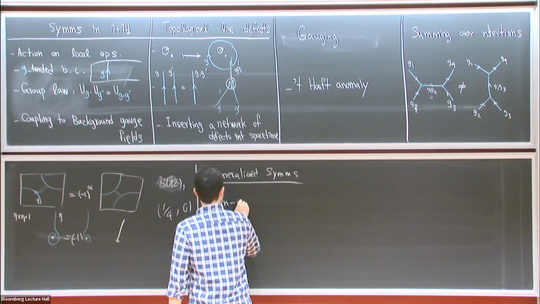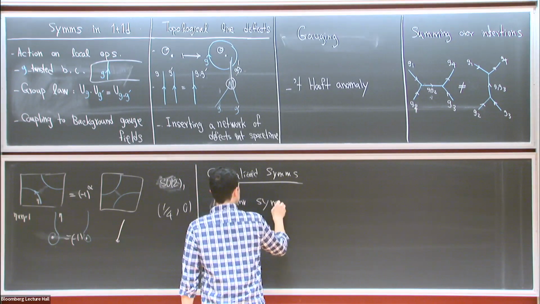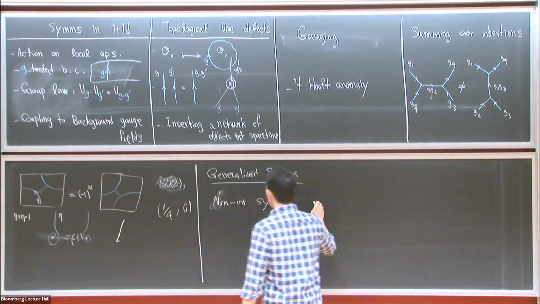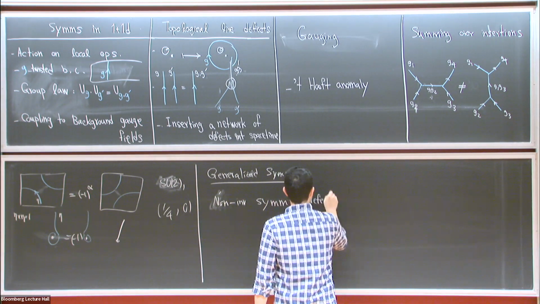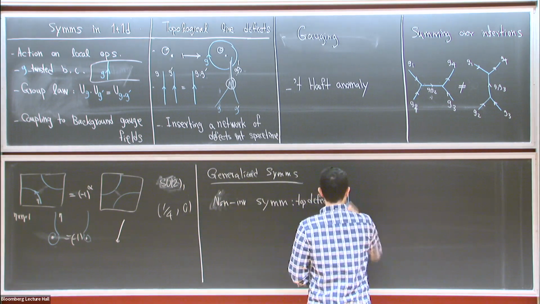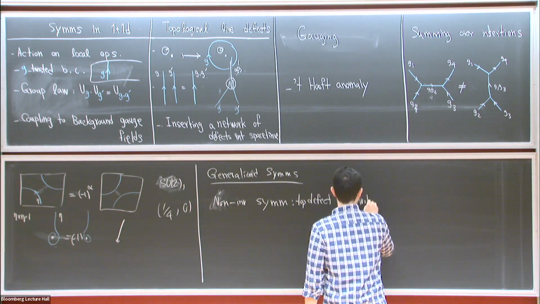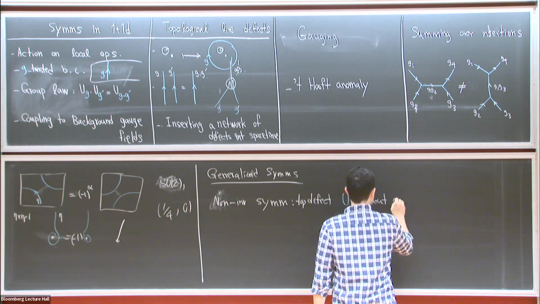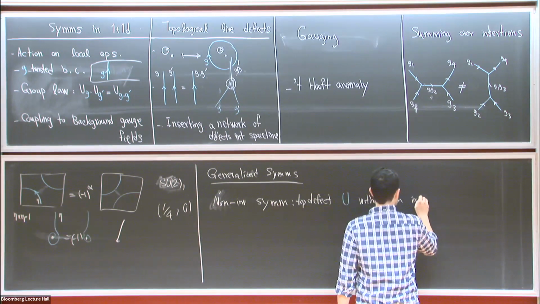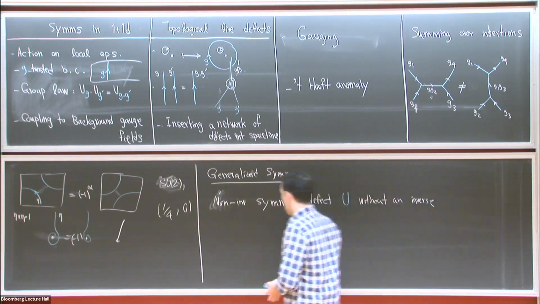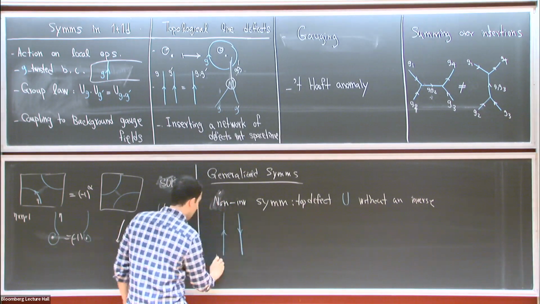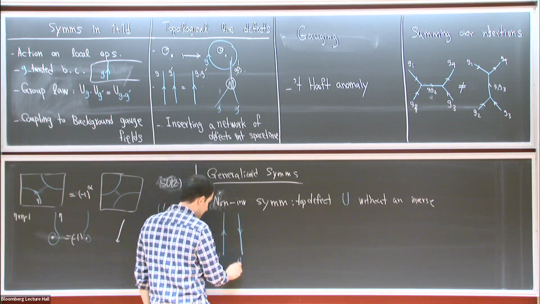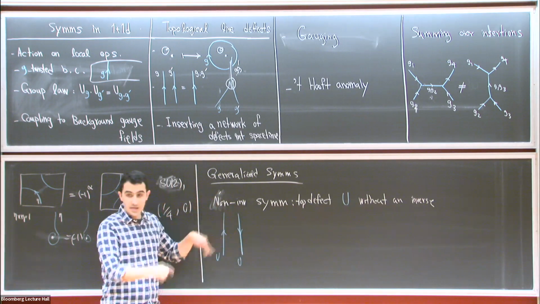Non-invertible symmetries correspond to topological defects U without an inverse. What do I mean? When I take two lines, let's say I take U and I have another, its inverse.